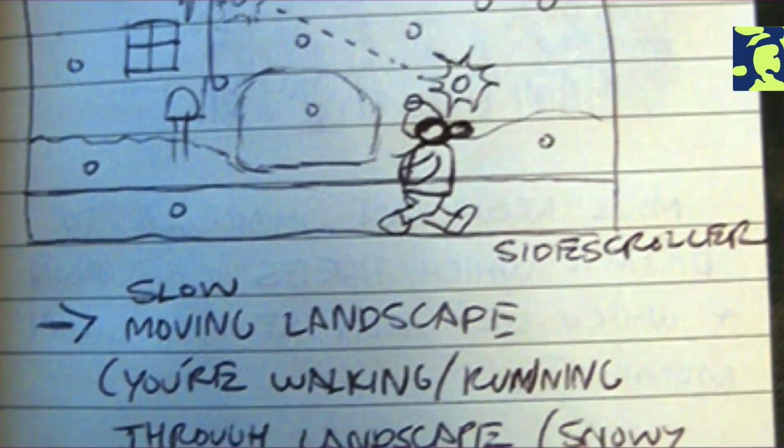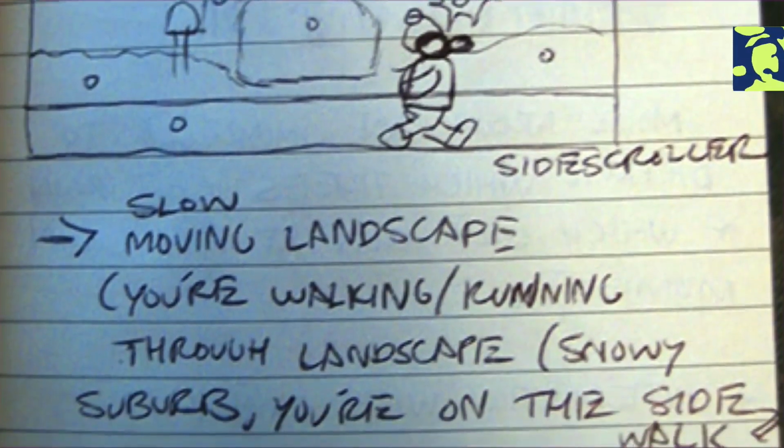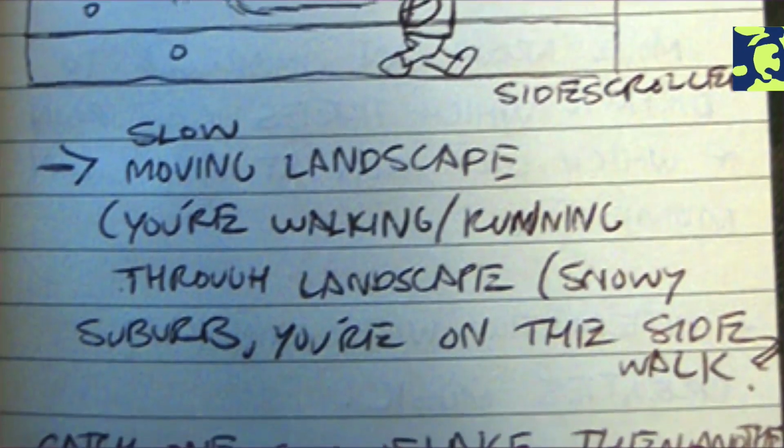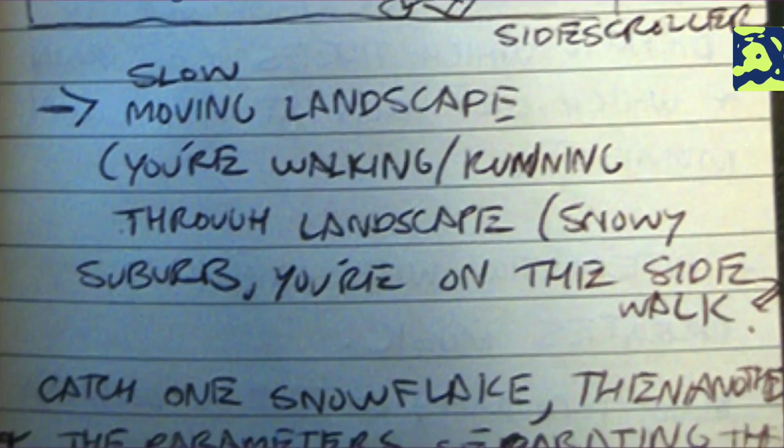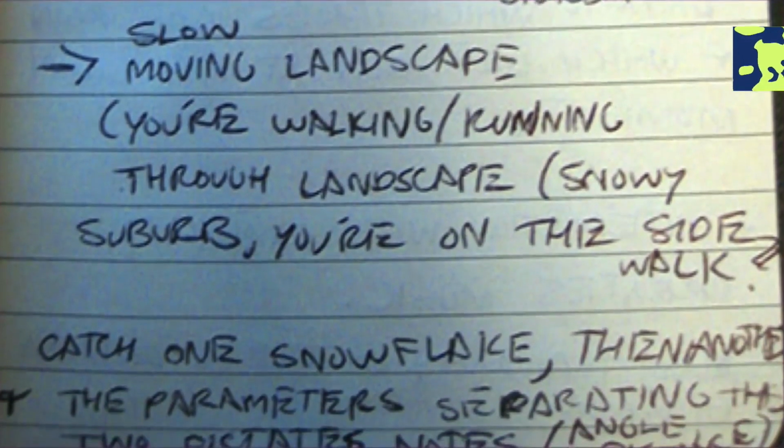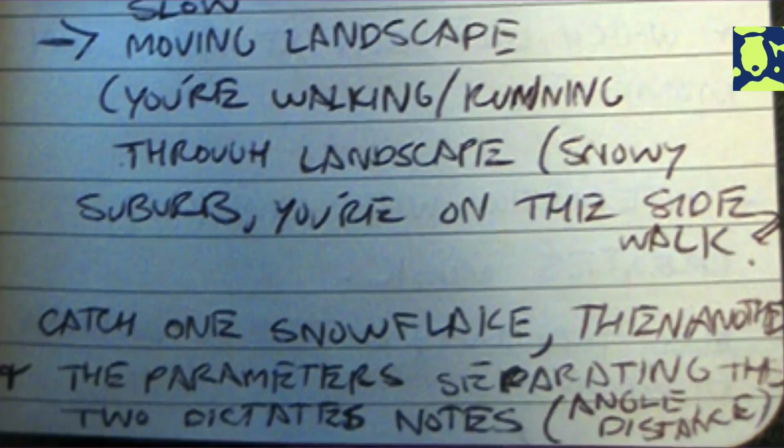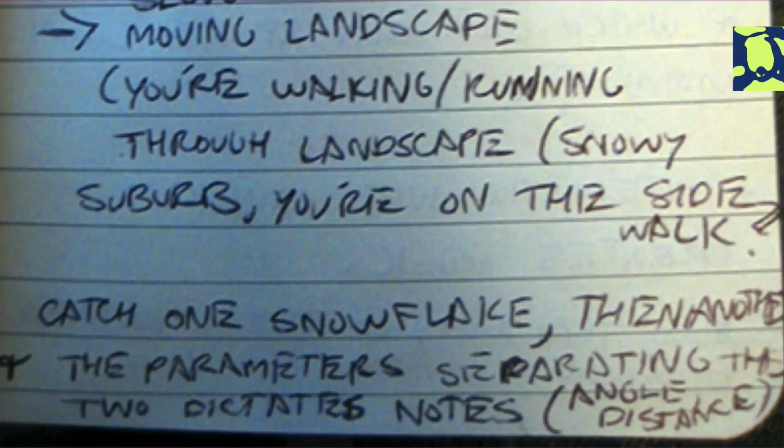You walk around a slow-moving landscape, in a snowy suburb, on the sidewalk. Catch one snowflake, then another, and the parameters separating the two dictate notes, such as angle and distance. This was just a quick thing that I came up with, and it set me off on a particular path.